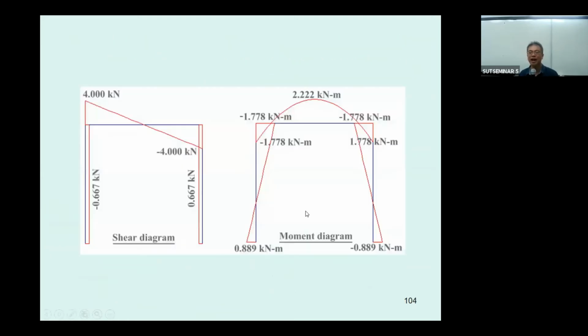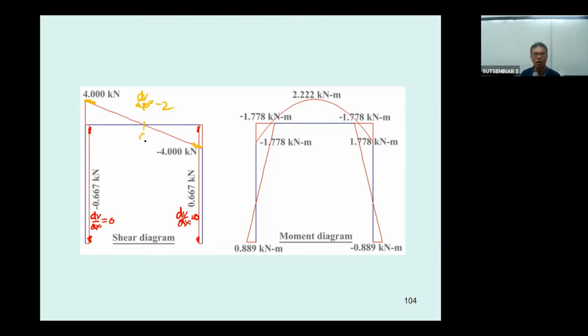So you draw the shear diagram and moment diagram, and to be complete on this, please specify that the column has no uniformly distributed load. So the dV by dx going to be 0. And then for the beam, you have 2 kilonewton per meter, so you get this one and this one, the dV by dx equal to -2.